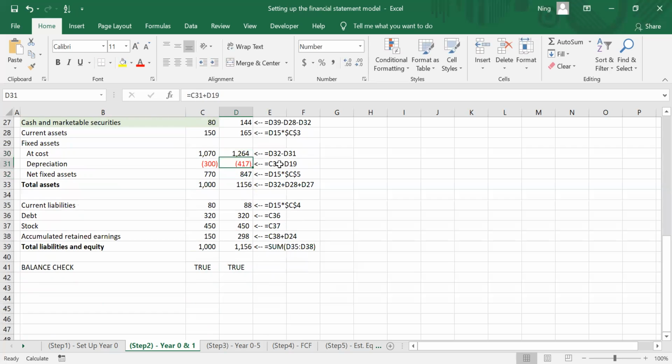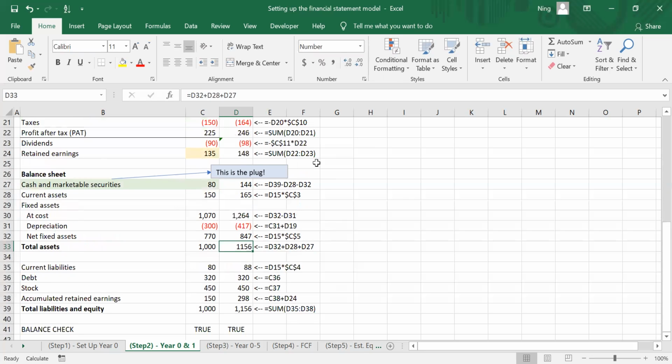Okay, so once you have made a forecast for net fixed assets and computed depreciation, you can solve for the total book value of fixed assets retrospectively by using net fixed assets plus the amount of depreciation. Or you can think of it, since depreciation is already negative, as minus a negative depreciation, which gives you the total book value of fixed assets, or fixed asset cost.